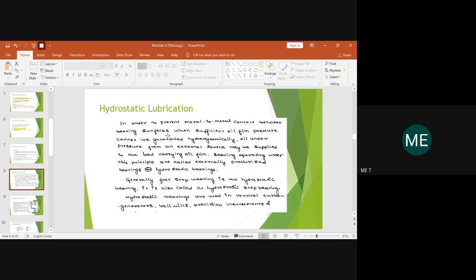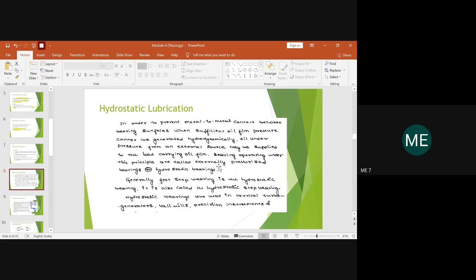So why we use hydrostatic lubrication, you know exactly. I have told you the difference between hydrostatic and hydrodynamic. In the case of hydrostatic, an external pressure is needed to get the required oil film.